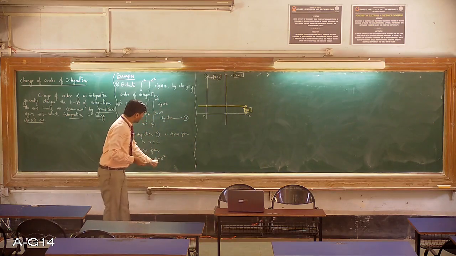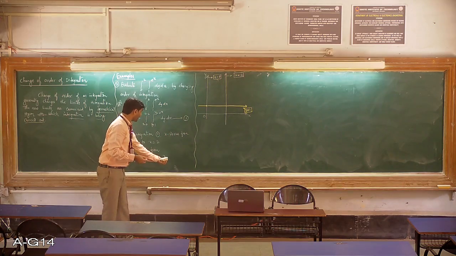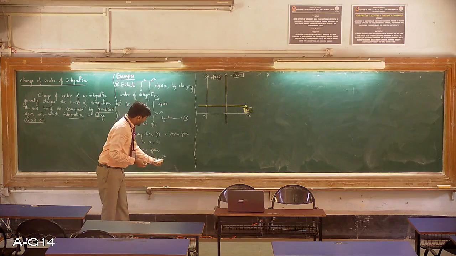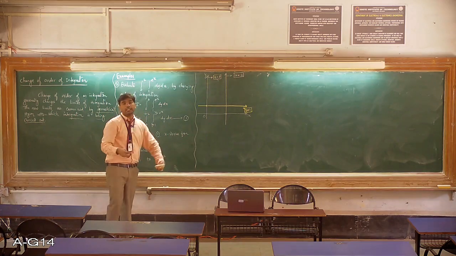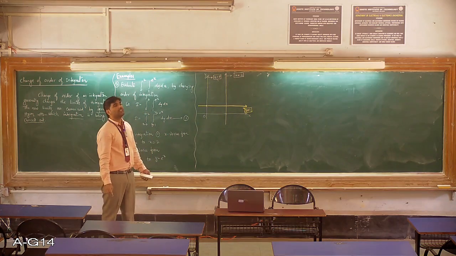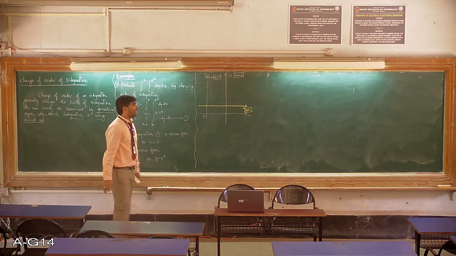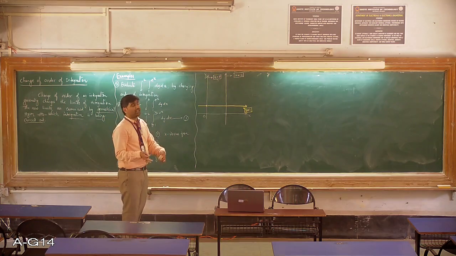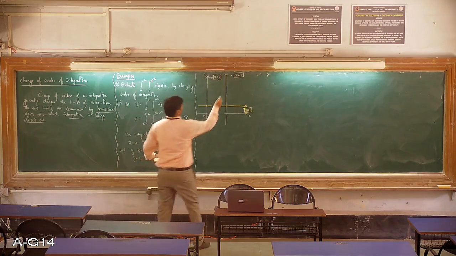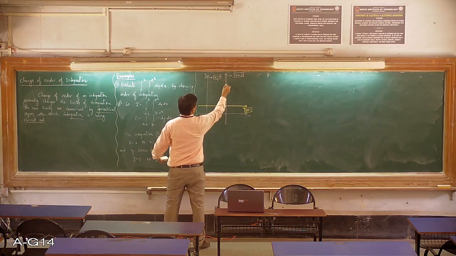Now put x equals 2. If you put x equals 2, then y equals e square. The value of e is 2.7. 3 square is 9, so 2.7 square lies between, I think, 7 and 9. Somewhere here we can say.